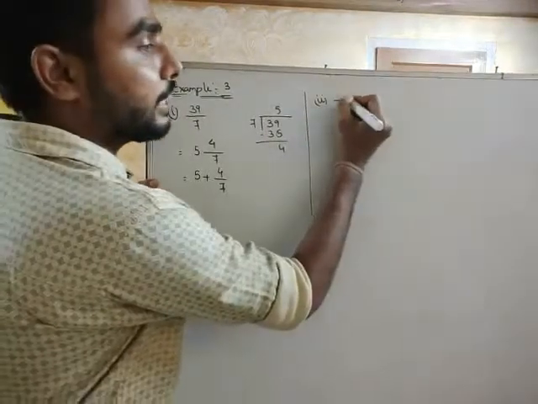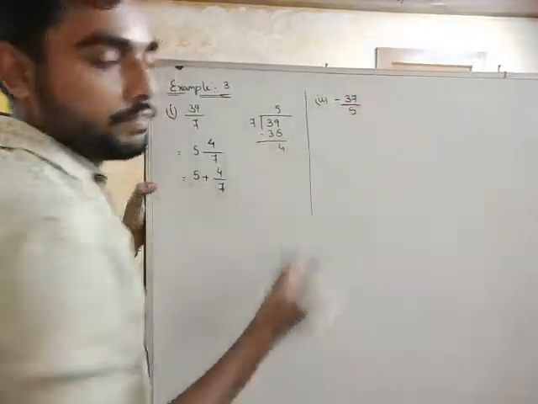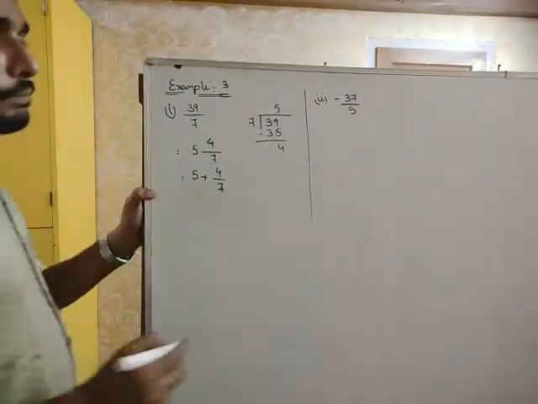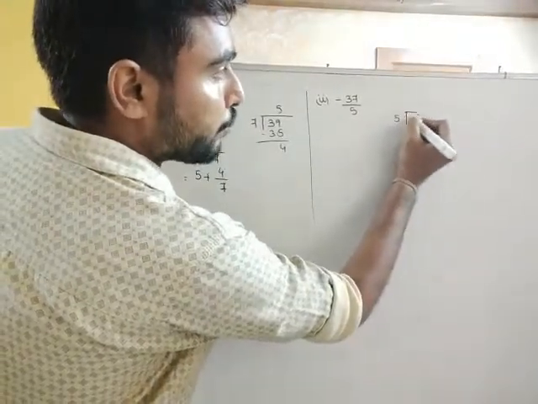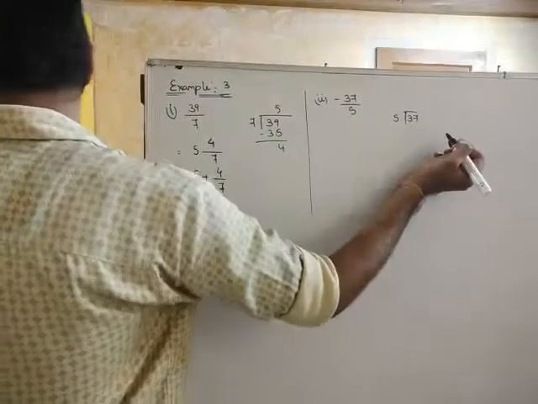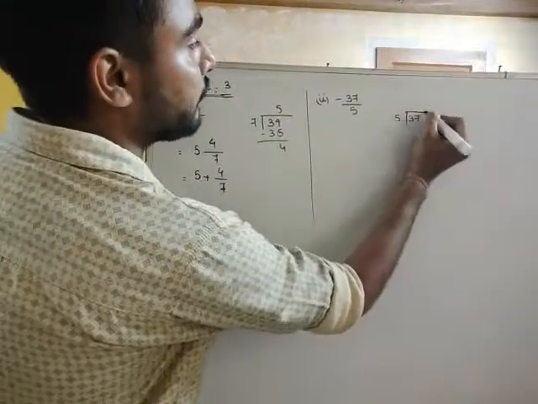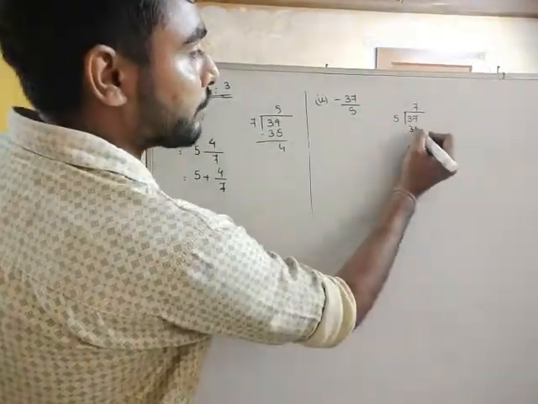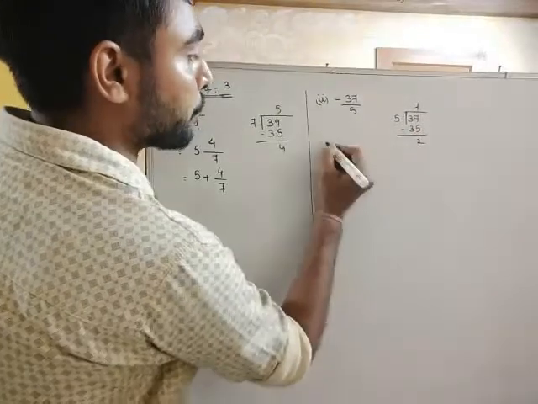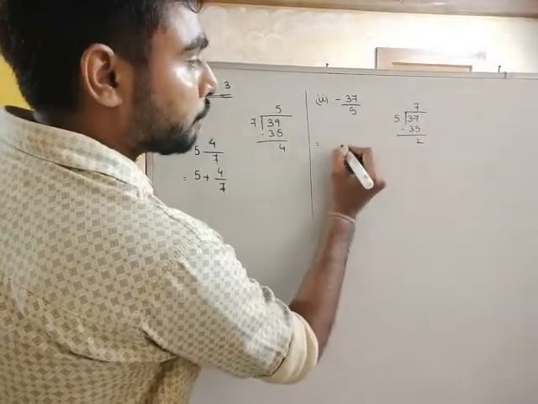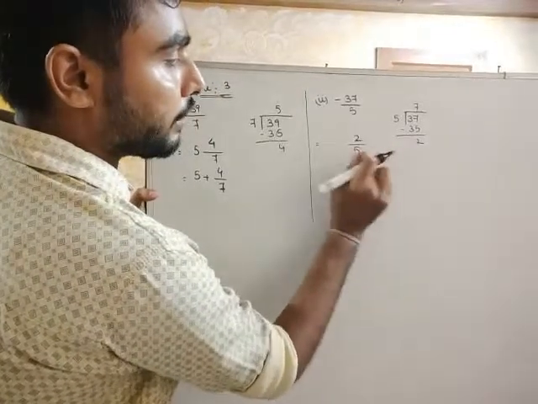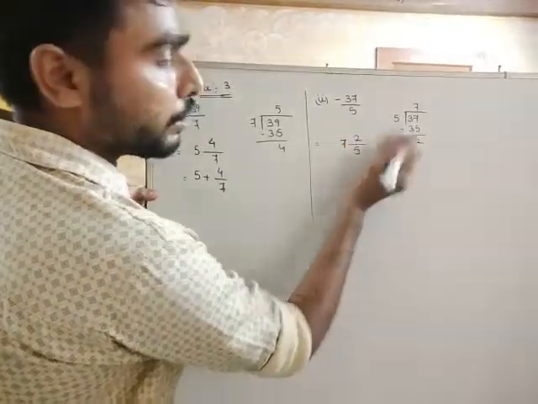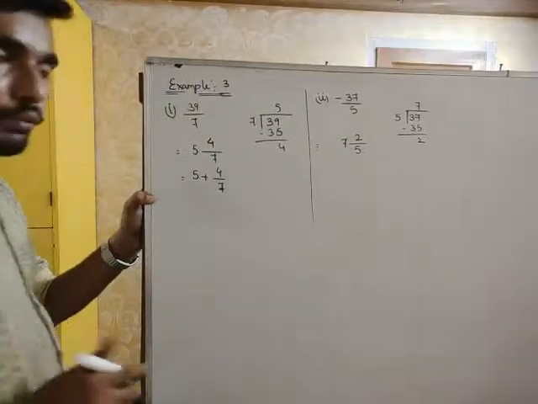So how will you do it when there is a minus? Now this is the question where we have a negative rational number. Here 5 shall divide 37: 5 7 times is 35, remains 2. So now the denominator shall always be the same, the remainder becomes the numerator, and the quotient will become the whole part.